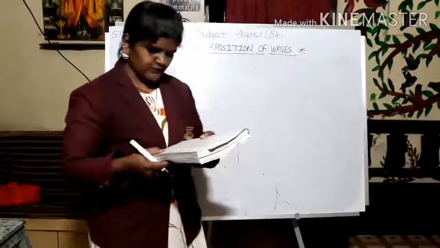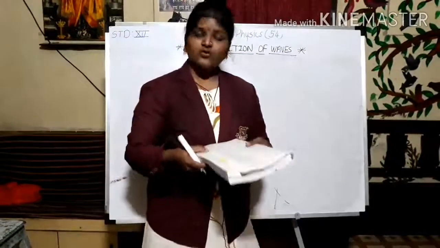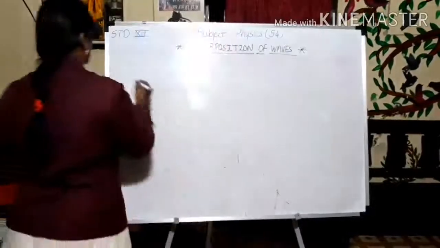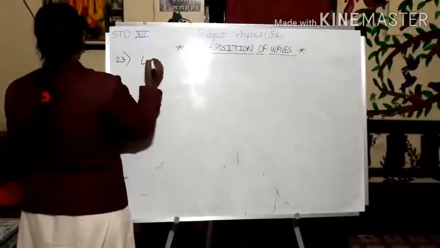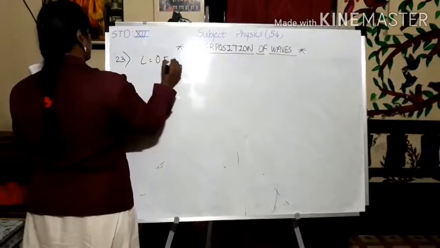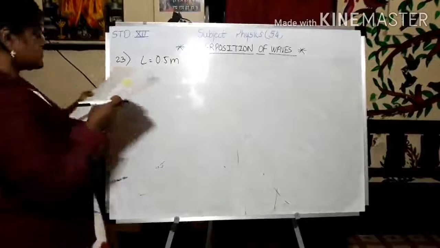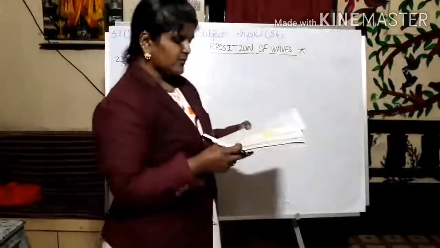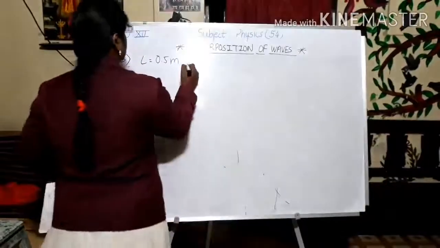Next one is the 23rd. We have solved the 22nd. Sonometer wire of length 0.5 meter. Let's write it down as it is, the 23rd. Length is given as 0.5 meter. As it is stretched by a weight of 5 kg, weight is given.